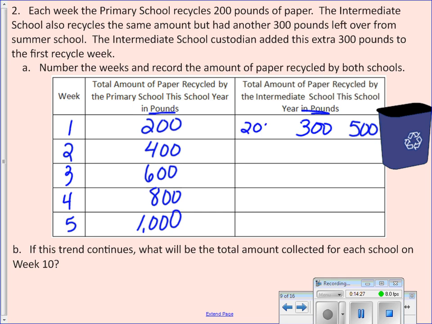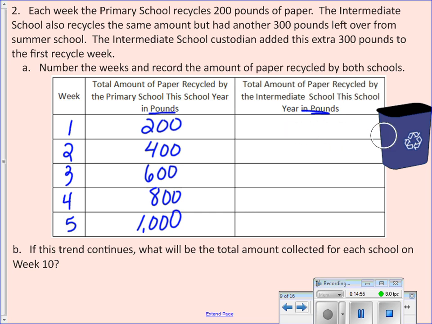It says they collect 200 pounds per week. Where are these numbers coming from? Do you think it's 200? Raise your hand. Nobody's raising their hand, so I'll erase it. If you think it's 300, raise your hand. I got one hand up.